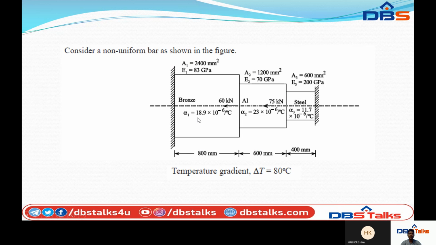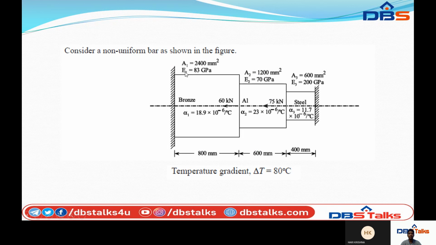In this, they gave three elements: 1, 2, 3. The properties for the three elements are the thermal expansion coefficients alpha 1, alpha 2 for element 2, and alpha 3 for element 3. The first is bronze, the second is aluminum, the third is steel.